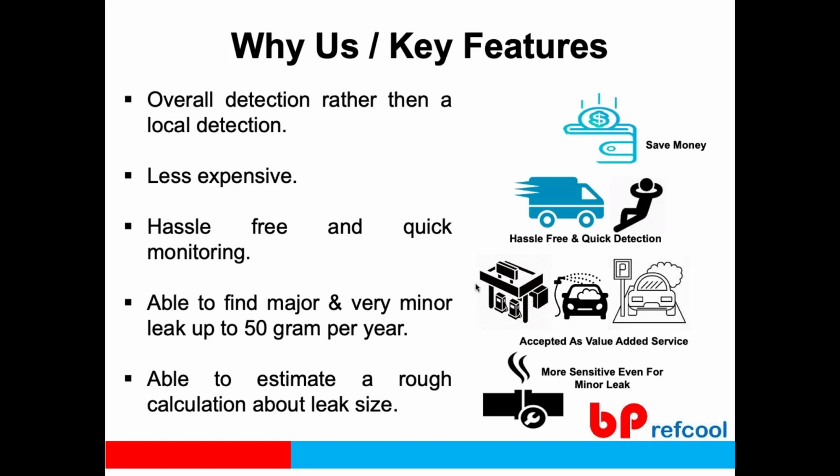One way of detecting a leak, as we talked about, is local detection. So where is the leak? Pinpointing the leak is also called localization. The other way is overall detection, to come to know whether in this car there is a refrigerant leak or not. It is not about finding out where the leak is. It is about finding whether there is a leak or not.